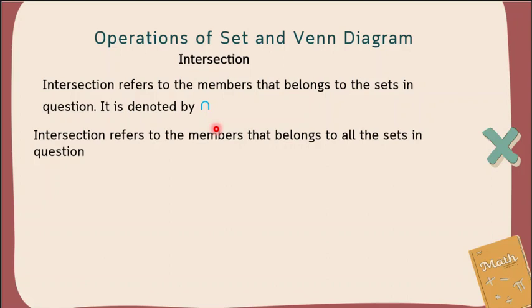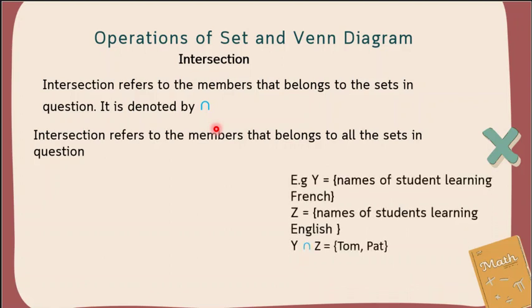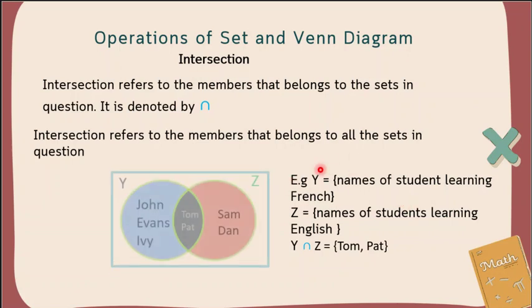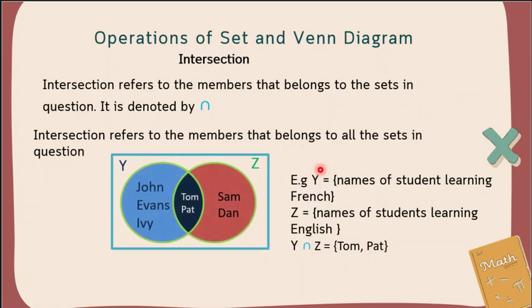So we can have a set of students who are learning French as set Y, and then Z being the set of students who are learning English. That information can be represented in the Venn diagram as below. We find the French students here, and then the English learning students here. Then we see some people who are in between both of them.